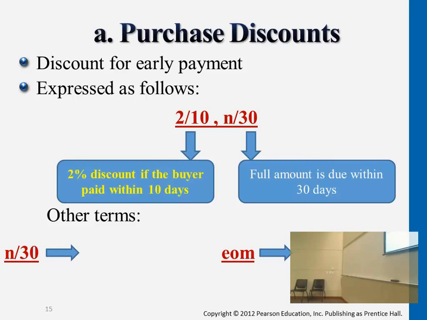However, if you pay within 10 days, you'll be getting a 2% discount, meaning you're getting 2% off from the original $700. Okay, so the full amount is the part after the comma, net 30. That means anyhow, regardless of when you pay, you have to pay within a month.